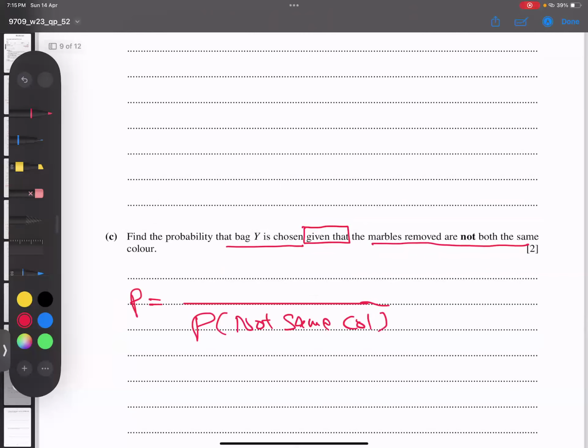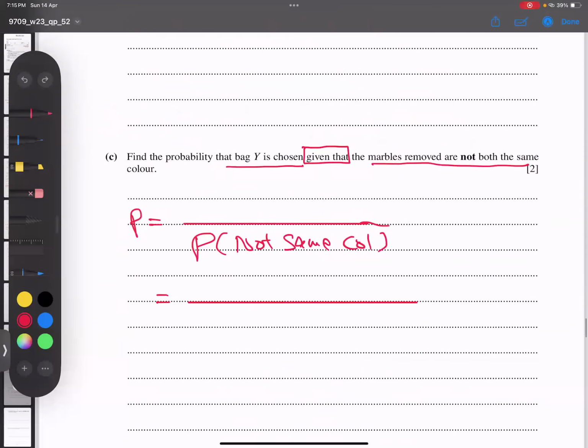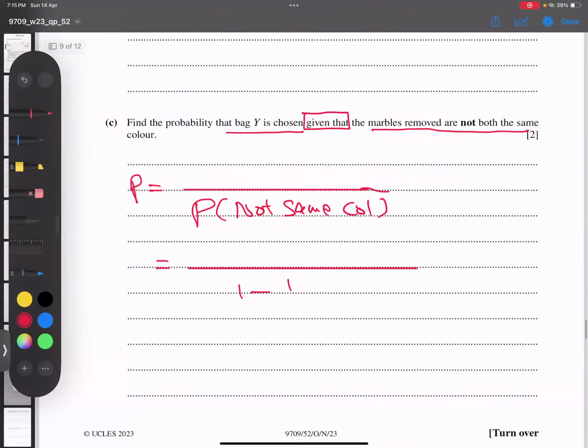And okay, not same color, number 1. And number 2, so it's not the same color. So what can I do, students? This is the same color. So if I subtract from 1, it will give you not the same color. I believe you got my point. So the denominator part I finished, okay?